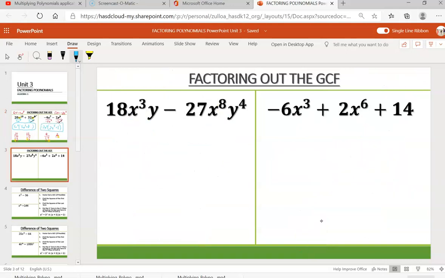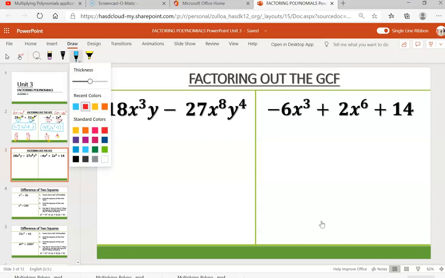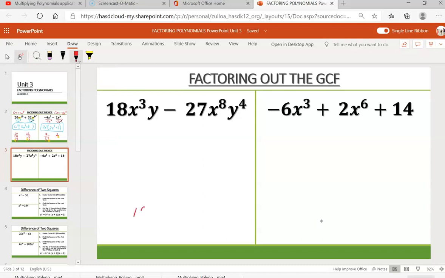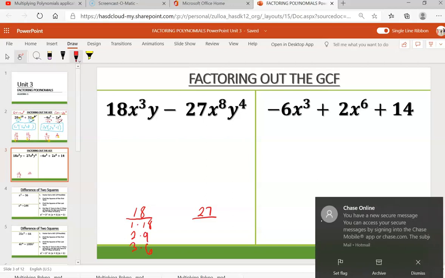Let's look at 2 more examples. They're a little bit harder. All right, we have 18 and 27. So 18 and 27. It's going to list our factors, 1 and 18, 2 and 9, 3 and 6.